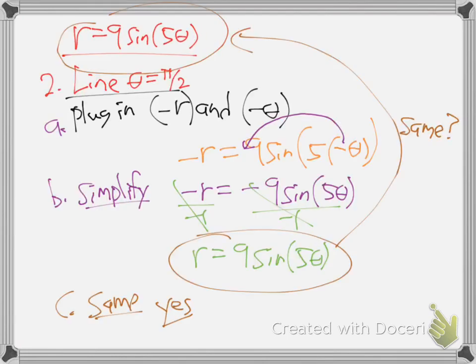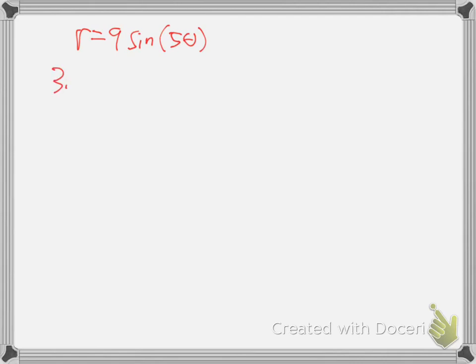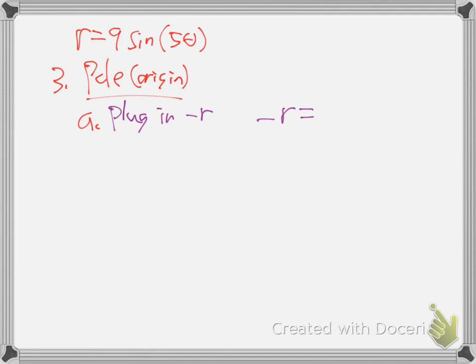Test number 3. r equals 9 sine 5 theta. And that's the pole, or the origin, like the North Pole. Part A, plug in negative r. So we get negative r is 9 sine 5 theta. B, simplify.